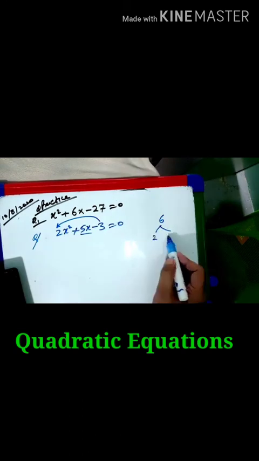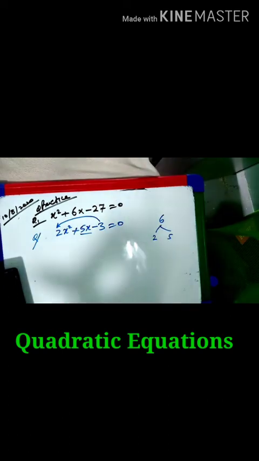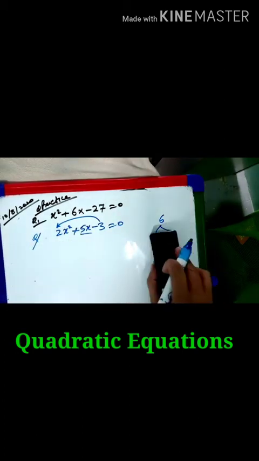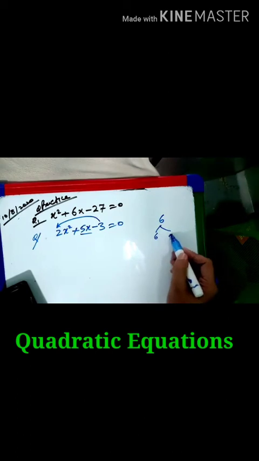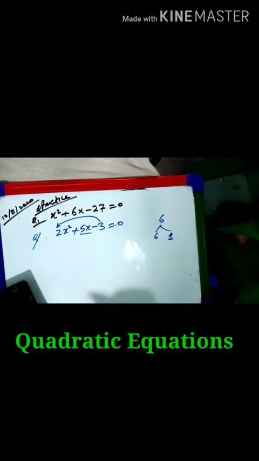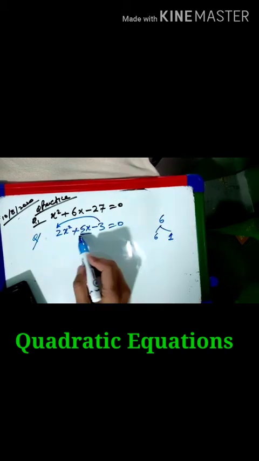The factors are already formed, I think: 3 and 2. 3 and 2 make 5, but 3 times 2 is 6, and it doesn't make 5. So what I should do, I can do like this: 6 ones are 6, which means 6 minus 1 is 5. So from these two I can get this one.